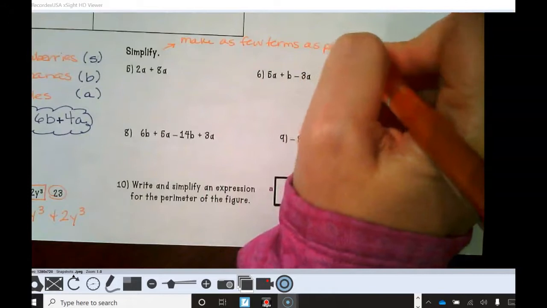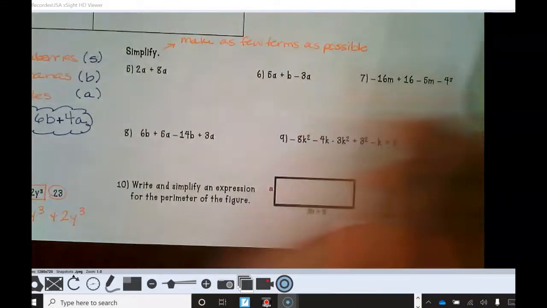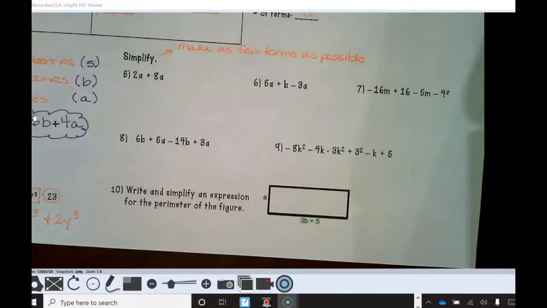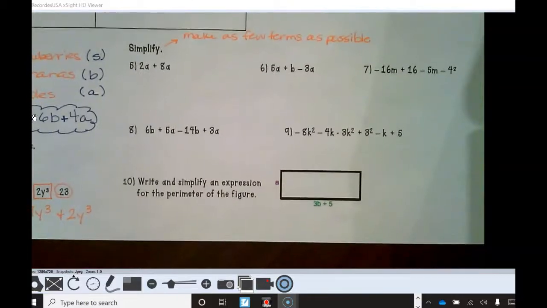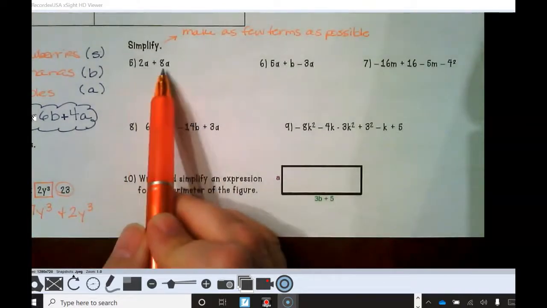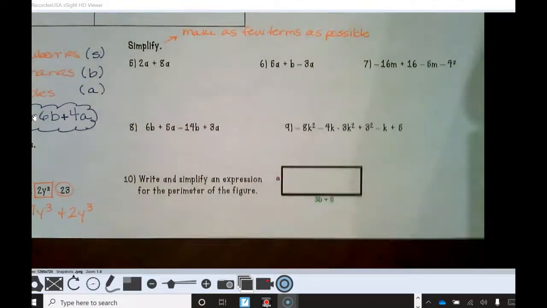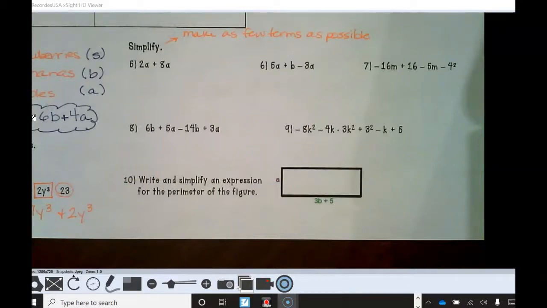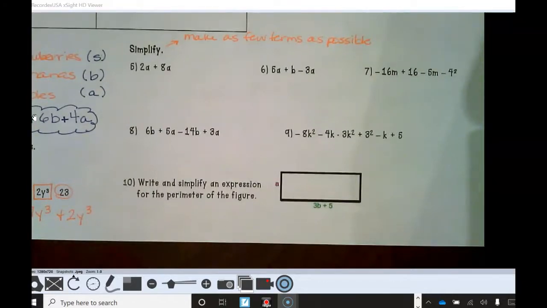Usually people think of fractions when you hear the word simplify. In this case, though, we don't have fractions. We have expressions, and we want to get them down to as few terms. Right now, this one has 2 terms, and we're going to see if we can make it down to 1 term. Sometimes you can't simplify it, and you just write simplified and move on.